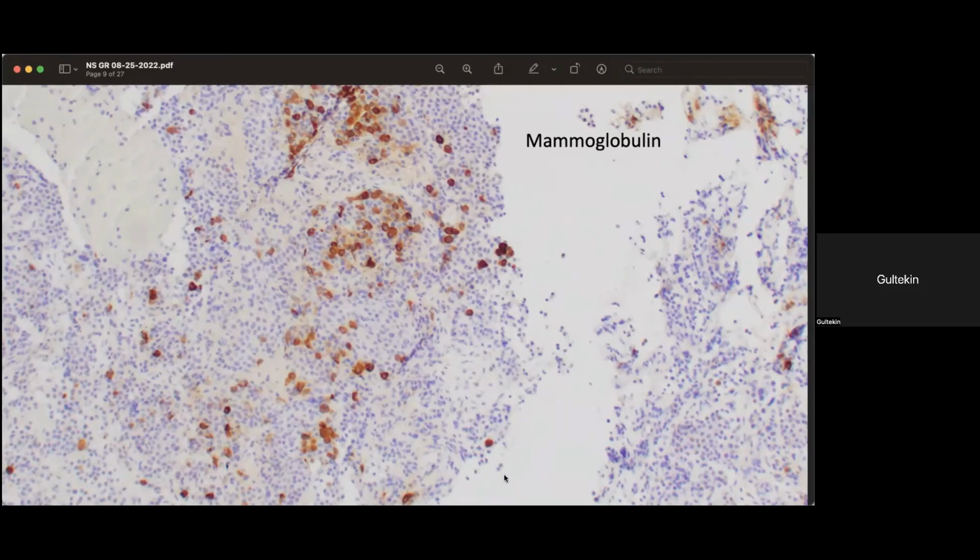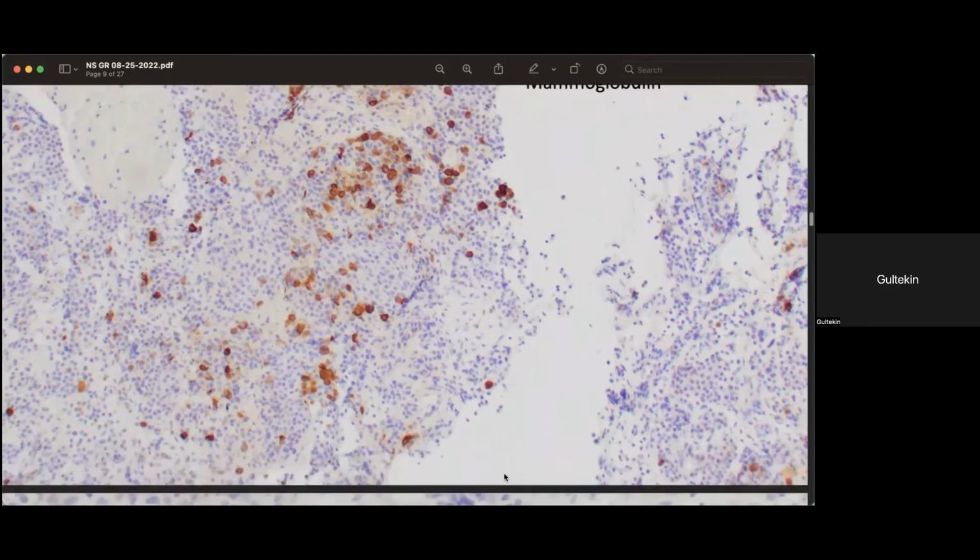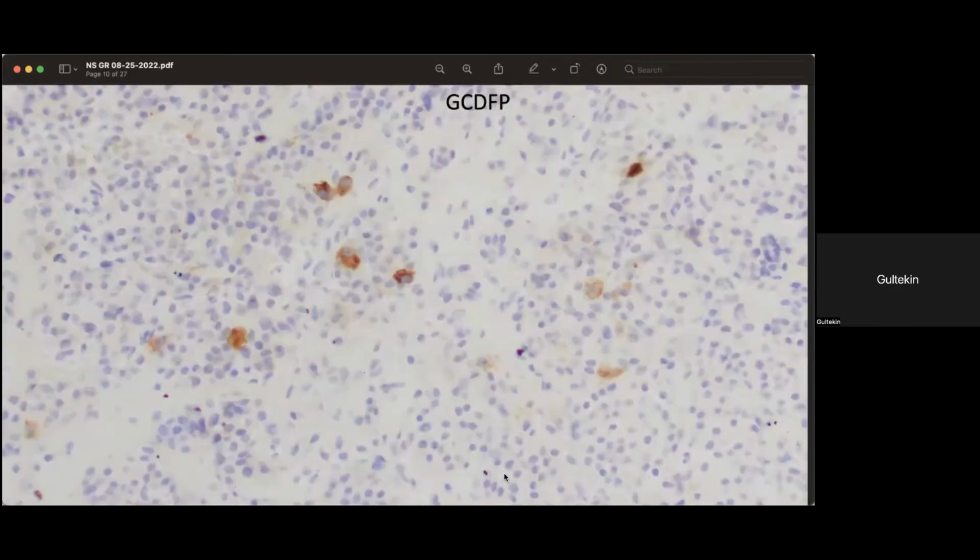But when we did breast cancer markers, as you see with the brown reaction product, with the breast cancer markers mammaglobin and GCDFP, you can see a sprinkling of breast cancer cells within the pituitary adenoma. This is gross cystic disease fluid protein, which is also a mammary carcinoma marker.